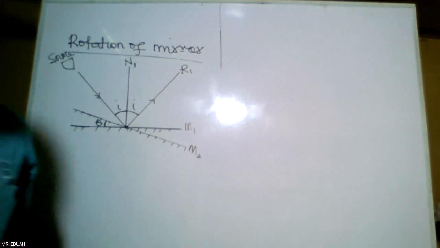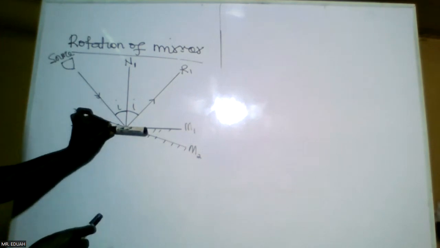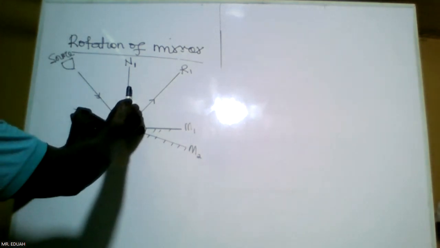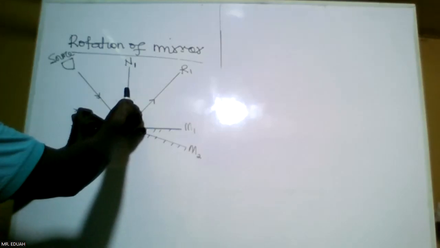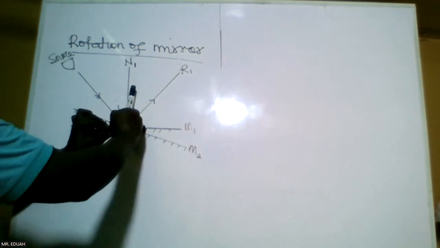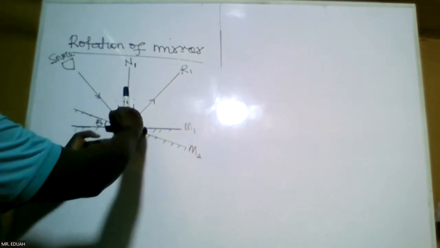Okay, but open your eyes and watch something. If this is the mirror's old position, this other marker represents the normal to it. So I'm going to rotate the mirror through an angle theta.